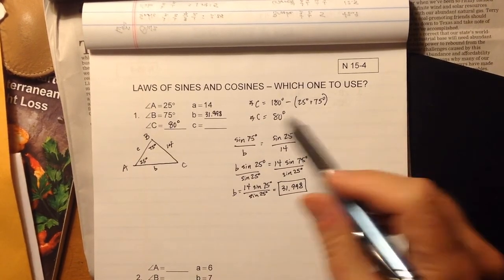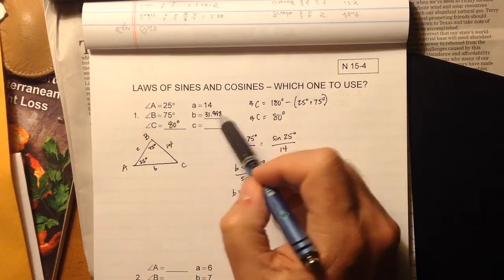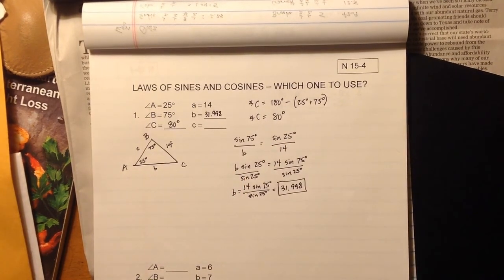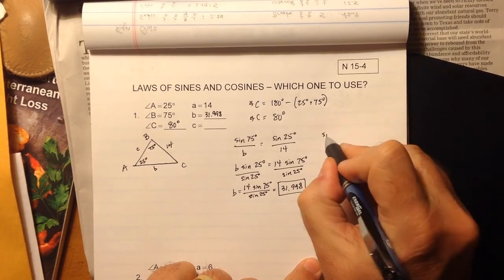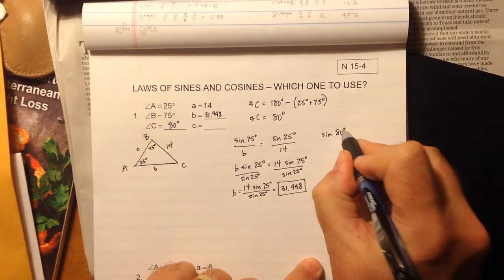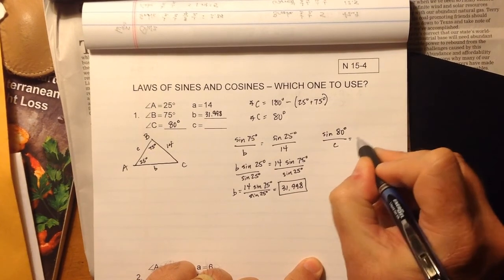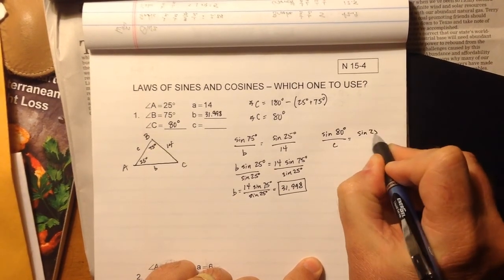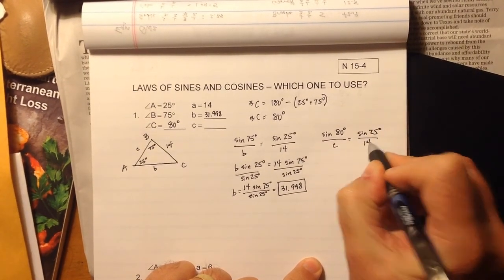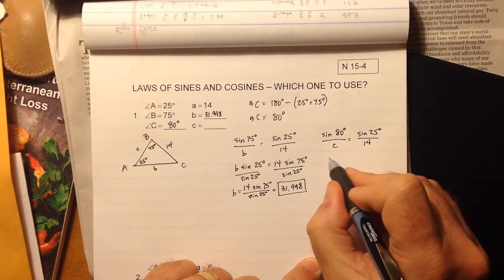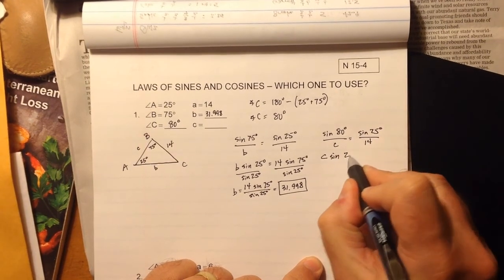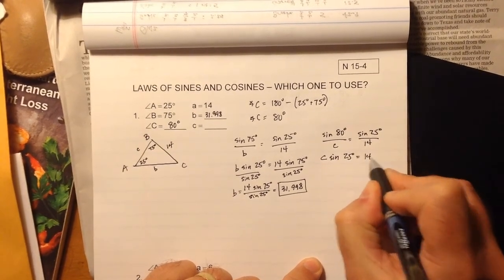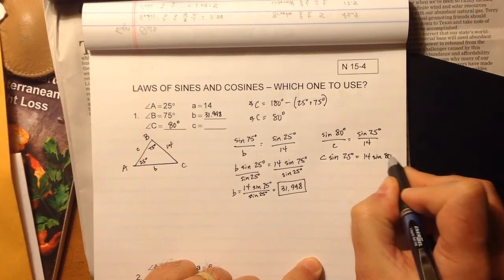And I'm going to use the A values. I know that I could use B now that I know what little b is, but those are rounded, and I'd rather use exact values. So I'm going to say sine of 80 degrees, that's my big C, over little c, is equal to sine 25 degrees over 14. And so cross multiply, I have c sine 25 equals 14 sine 80.